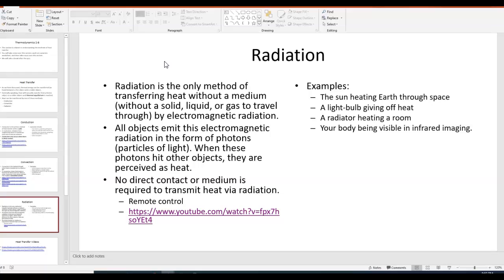If you go into a room with a bunch of other people, everybody's giving off their own heat. Typically that heat is in the form of radiation, because they're all emitting their own infrared photons. Actually, a human being emits about 100 watts, about the same as a light bulb. Like I said, all objects emit infrared photons, so all objects can transfer heat by radiation. There's no direct contact required and no medium required, and this is the way we get heat from the sun.